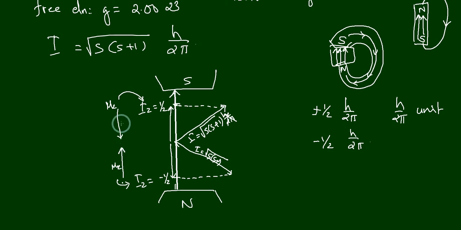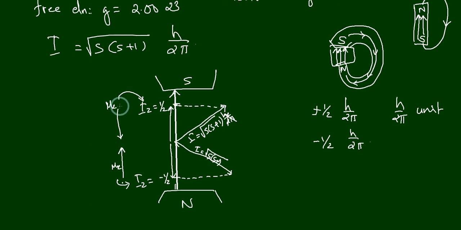So magnetic moment is the extent of the magnetic dipole strength, right? If you consider the electron as a magnetic dipole, this is one magnetic dipole and this is another magnetic dipole. The direction of the magnetic dipole is from south to north.